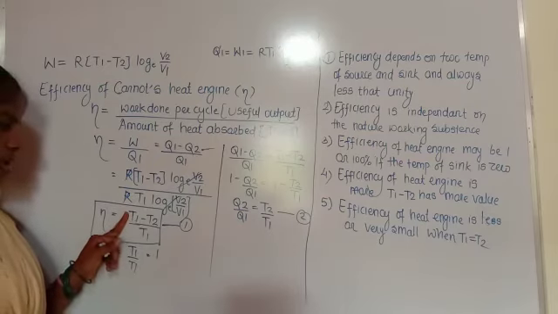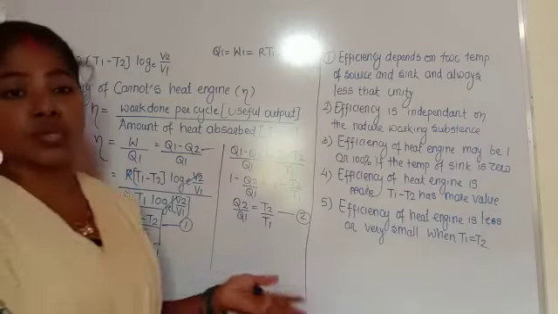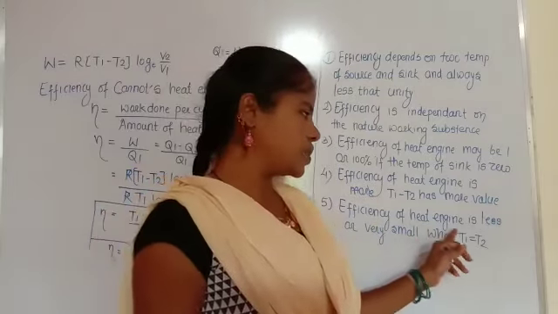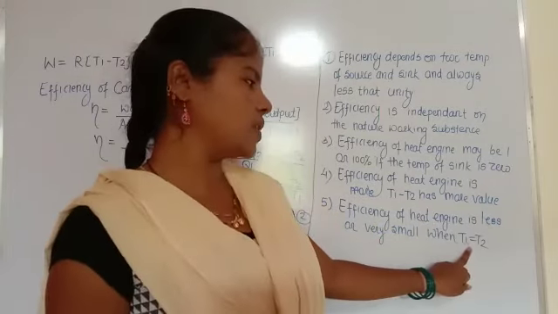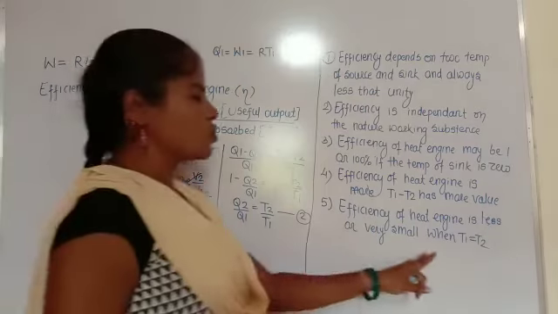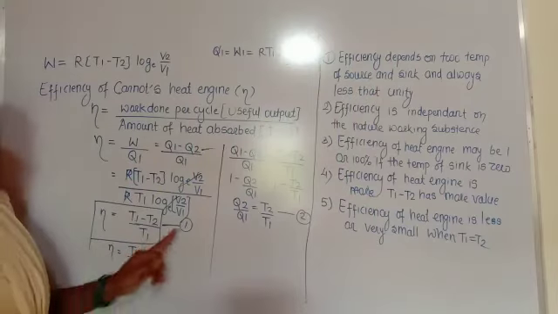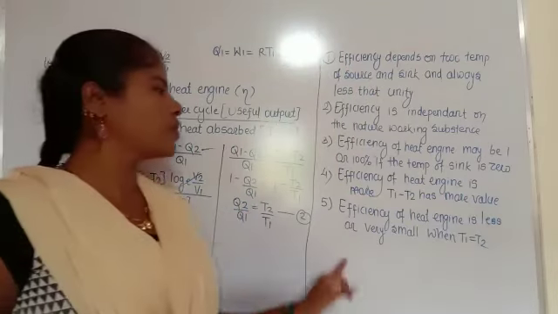When the low value is divided by the larger value, we get 0. This means the efficiency of the heat engine is less when T1 equals T2, that is, when the temperature of the source equals the temperature of the sink. So from these two equations, we got these five points.